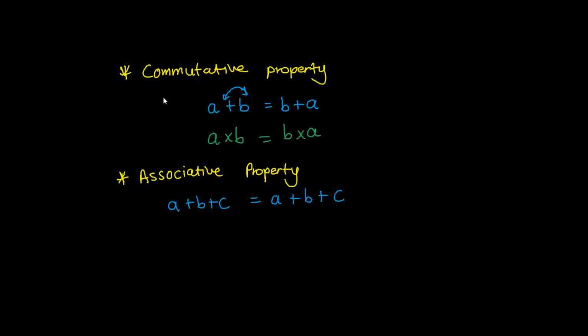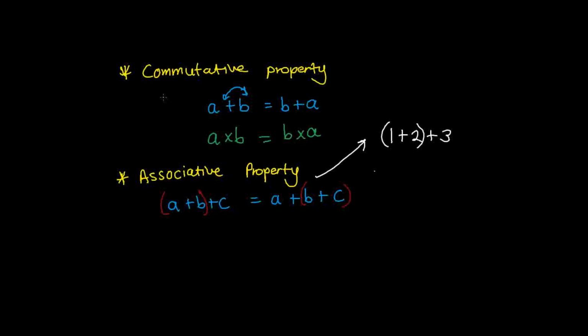What happens if I group a plus b, and then group b plus c? They are equal to each other. Now you might say, I don't believe you, so let's test this out. Let's say I have 1 plus 2 plus 3, and I group 1 and 2. According to BODMAS, which you should know: brackets, of or order, division, multiplication, addition and subtraction.